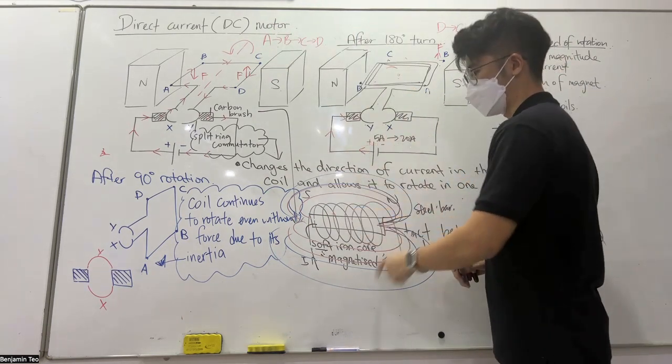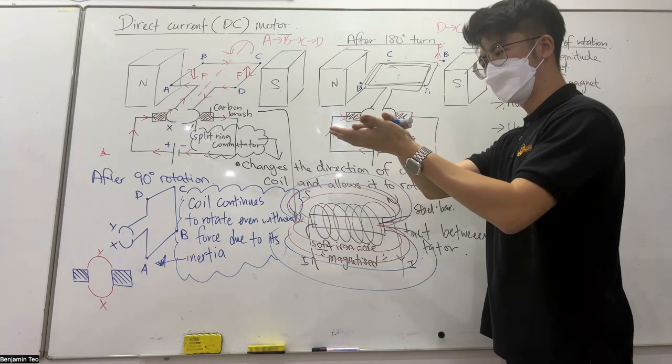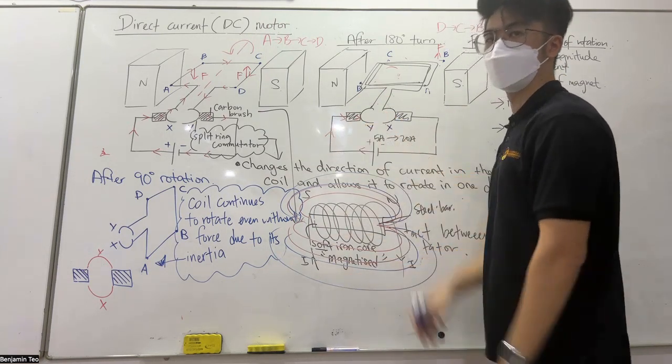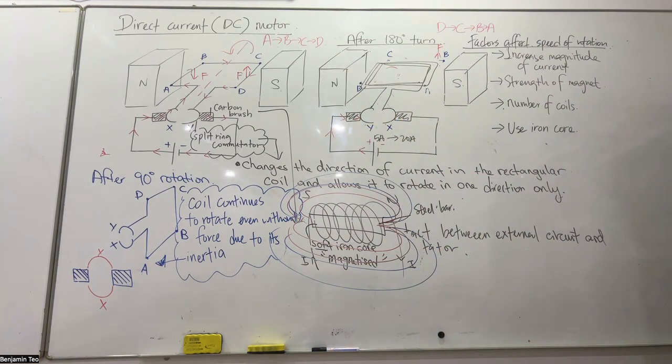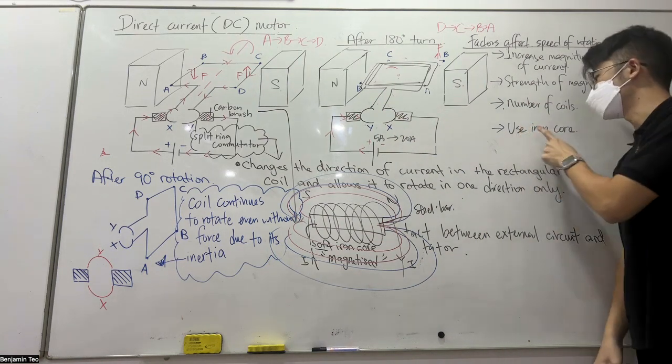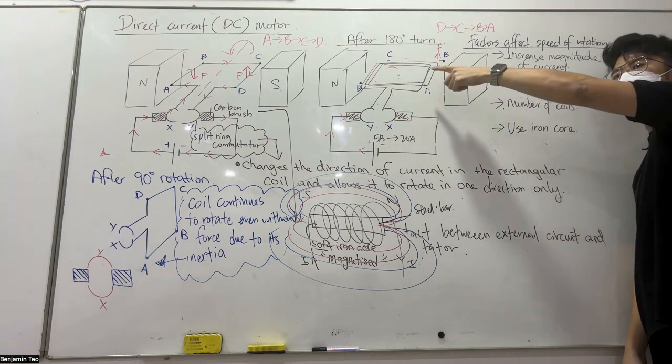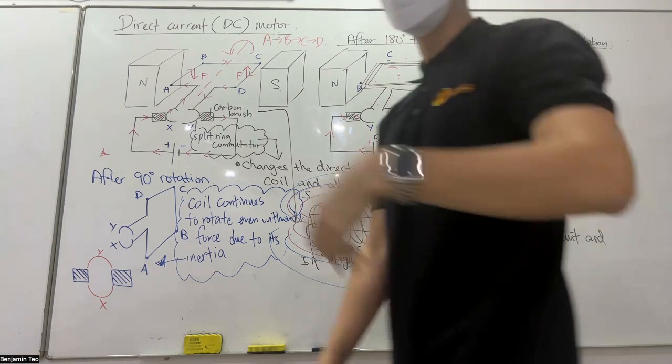That is the use of an electromagnet: you can turn on and turn off. So the last one: use an iron core in your motor to strengthen your field.